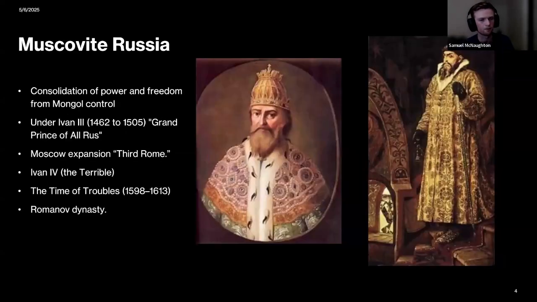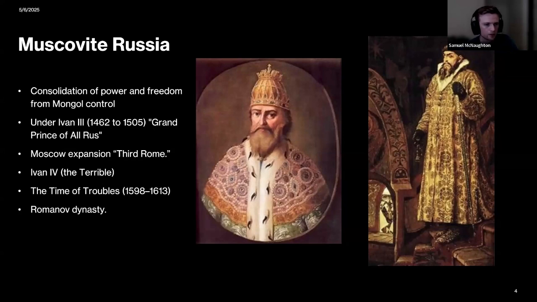Let's see here. This led into what is known as Muscovite Russia. Like I said, the Russians were at this point now free from Mongol control, and they were all under Ivan III.